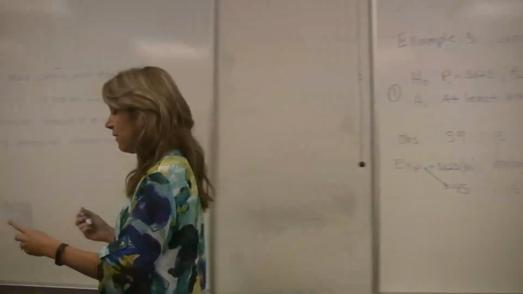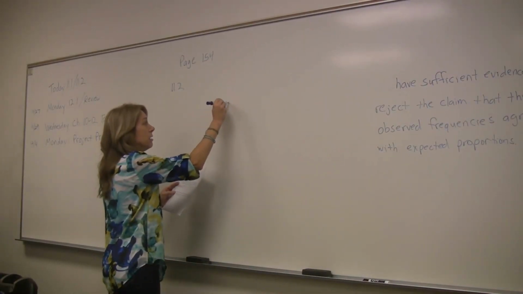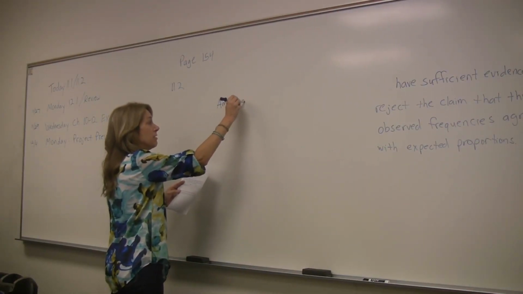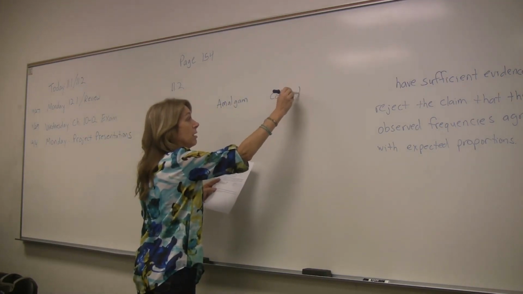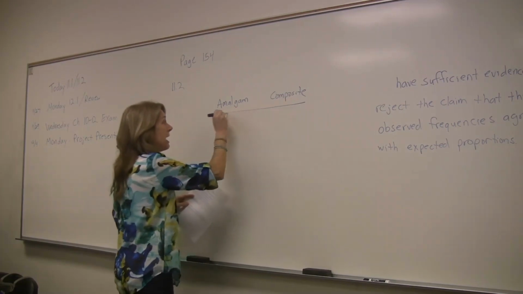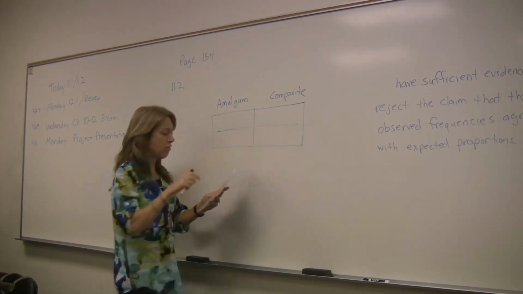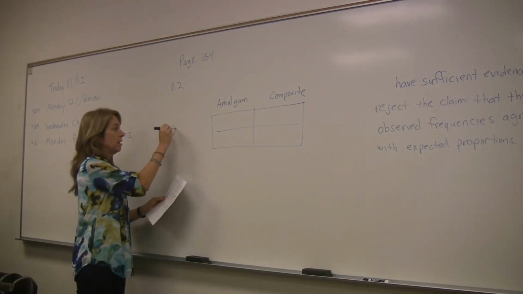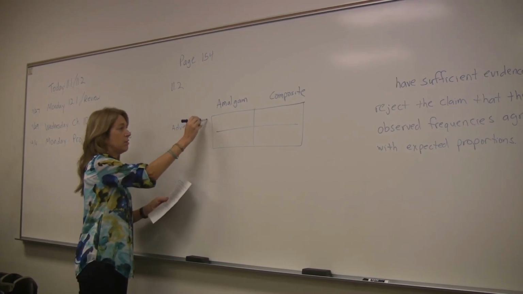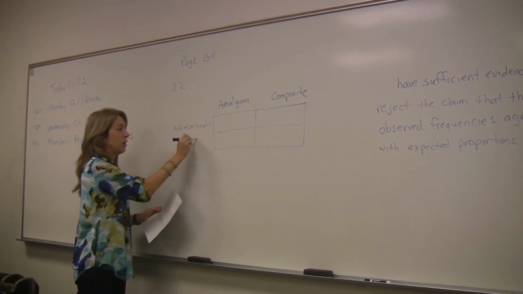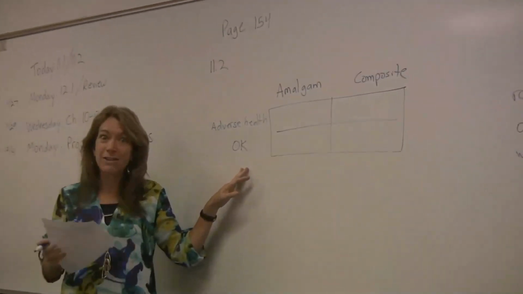So they have this table here where they took a bunch of people. Some had the amalgam restoration, some had composite. And then they counted in those two groups how many had adverse health conditions. I'm going to use my paraphrasing here. And how many were okay. That's not the word you have there, but if you don't have adverse reactions, you were okay.